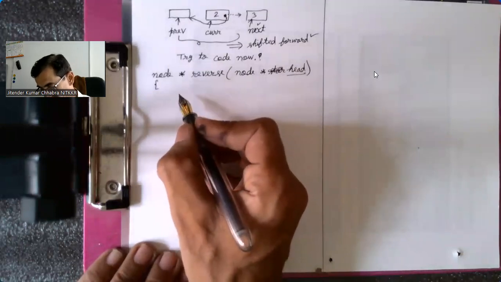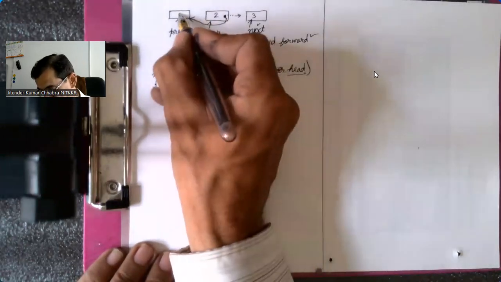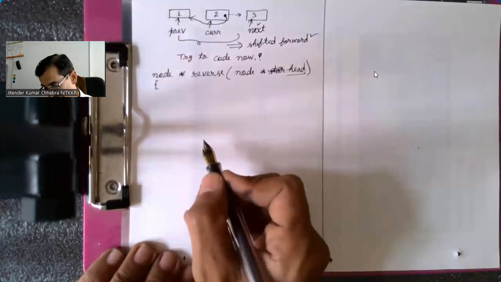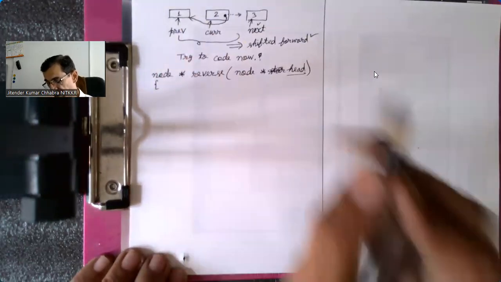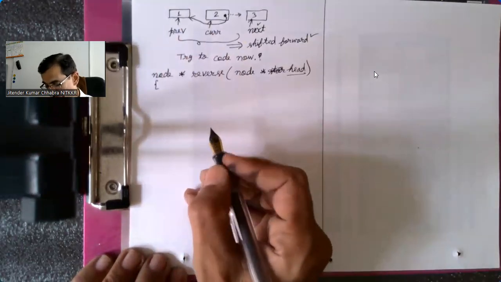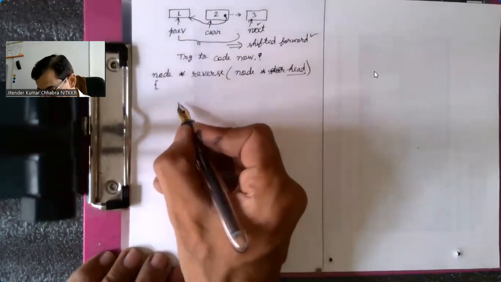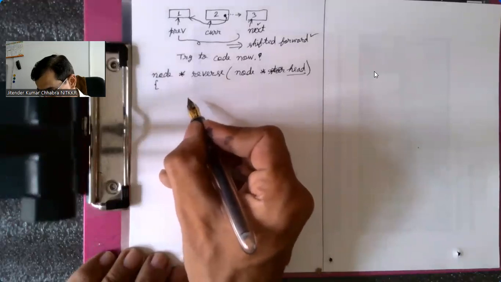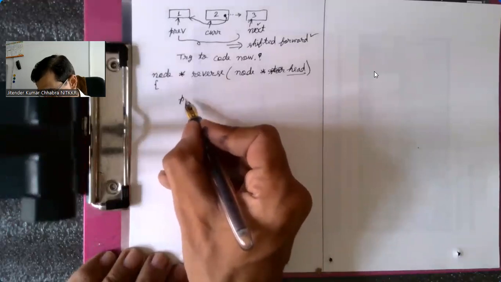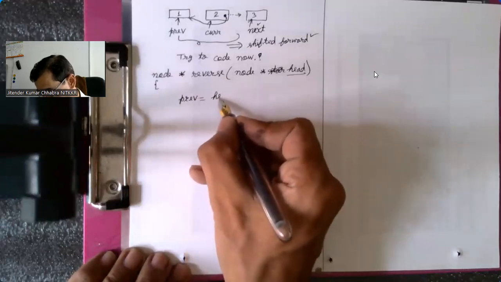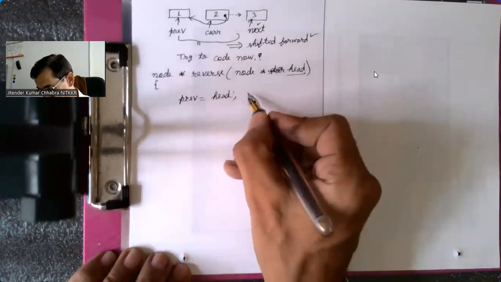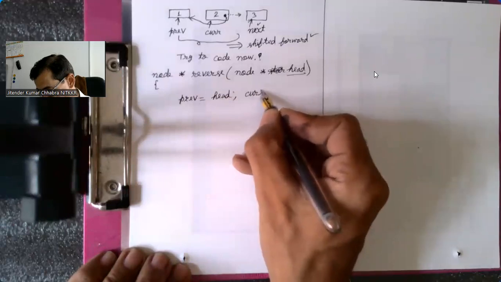So what I need, obviously, the first situation we will handle in a separate manner, or any special conditions we can handle later. Assuming that there are 3, 4, 5 nodes, I always need my previous to be on the start node. That will mean my previous will be the first node, so that is equal to head. Current I need to be the next node.